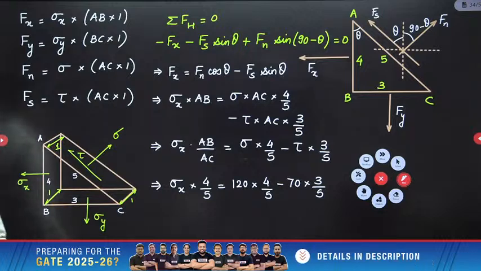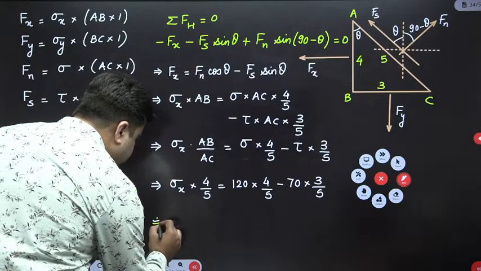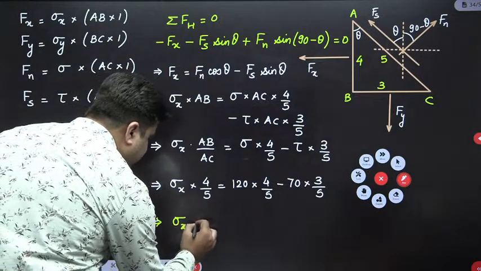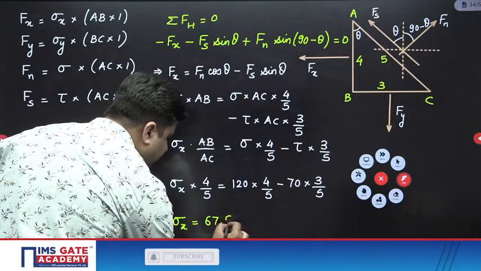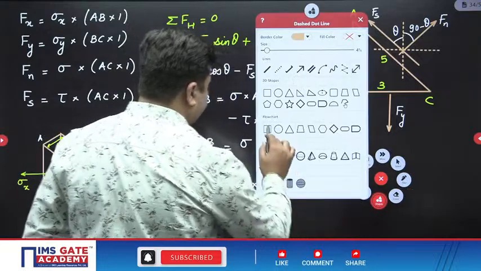It is 67.5. Okay. So sigma x is 67.5 megapascal.